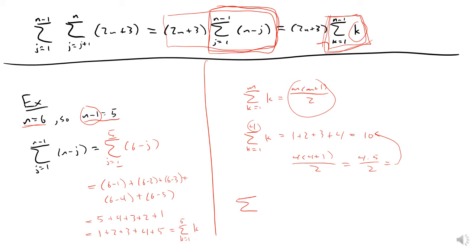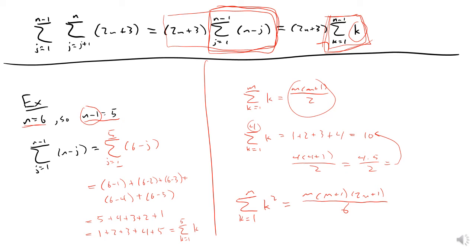If you want to do the sum from k equals 1 to m of k squared, the shortcut formula there is m times (m plus 1) times (2m plus 1) over 6. That's another little shortcut formula that they're going to make use of in this section as you read.